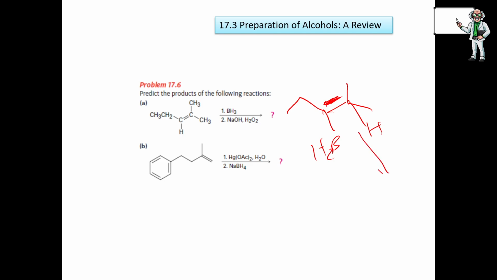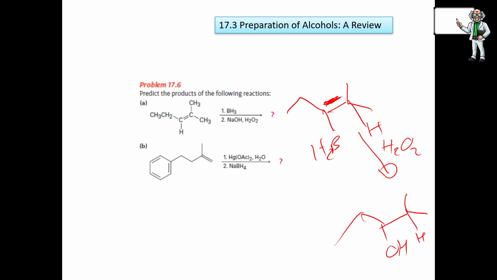Okay, and then we change the borane with the OH when we add hydrogen peroxide and we get this compound. Okay? Right? Remember that the OH will be in the less substituted carbon for the reasons that we said in the other chapter.